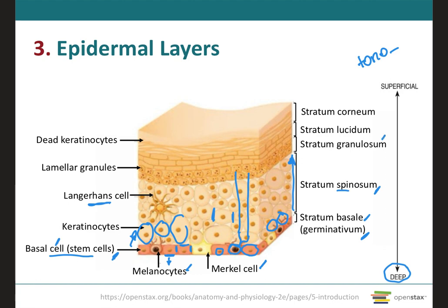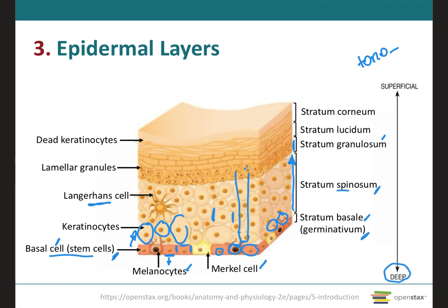So the stratum granulosum means little grains. It will consist of 3 to 5 layers of a little bit more flattened keratinocytes that are mainly undergoing apoptosis. If you recall from Module 2, apoptosis is this orderly, genetically programmed cell death in which the nucleus will fragment before the cells die.